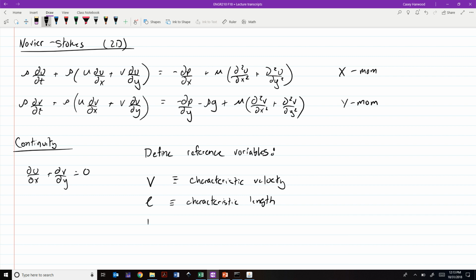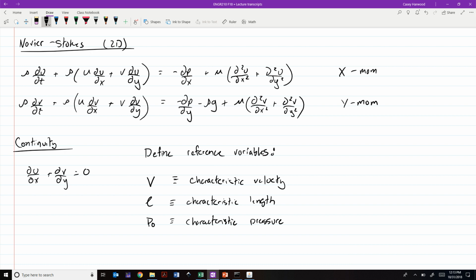And then P naught is our characteristic pressure. We can pick something like atmospheric pressure if we think that's the problem, or vapor pressure if we think we're going to be dealing with really low pressures and cavitation.